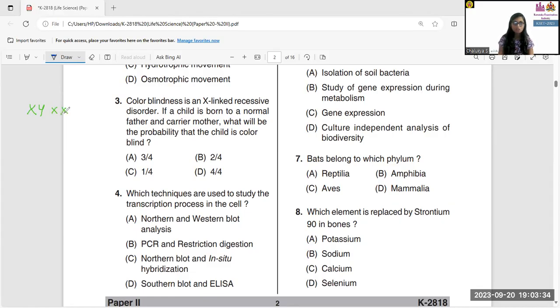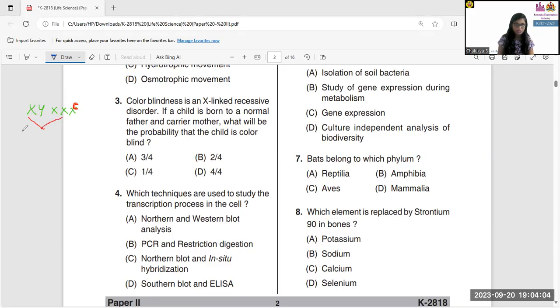The mother has two X chromosomes, and one of the X chromosomes is a carrier. After one generation, what will be the probability that the child is color blind? Just do the calculation here.